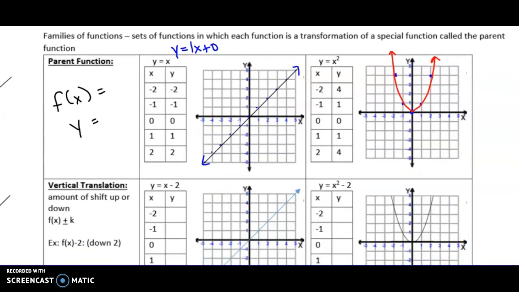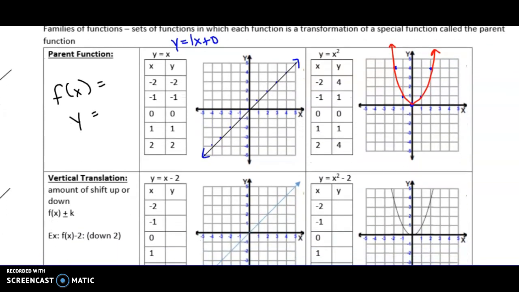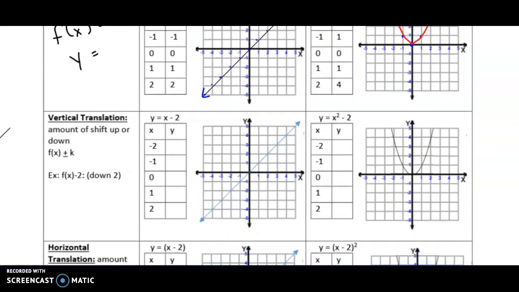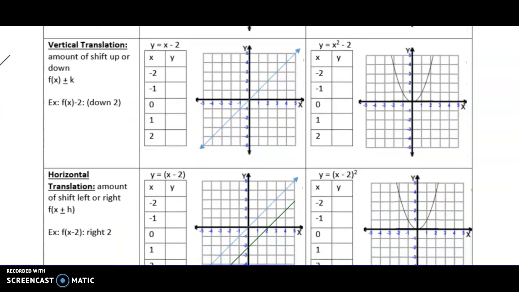So if we take that first function there, and I have it lightly drawn in blue here, and I want to move it up, actually down in this case, we're going -2, down 2. What I'm going to do is take each of the points that was on that original graph, and we're just going to shift each point down 2. So we find a point, go down 2.